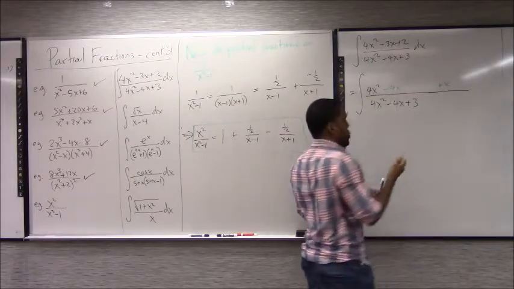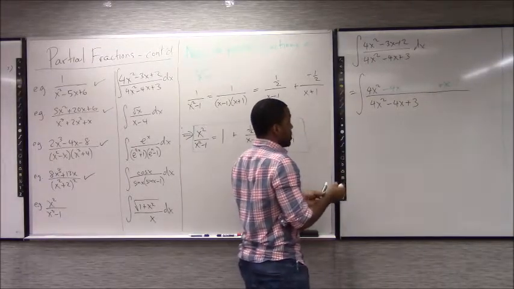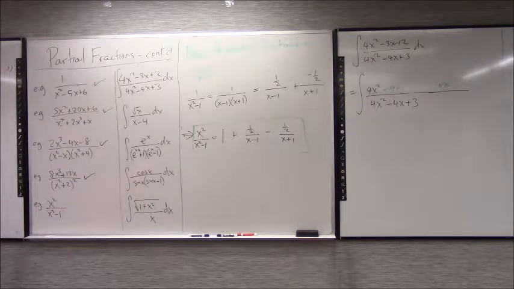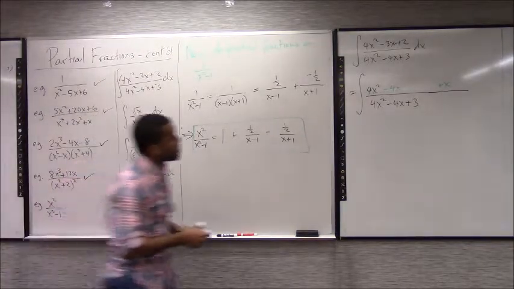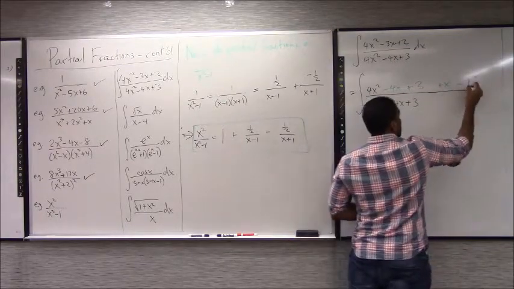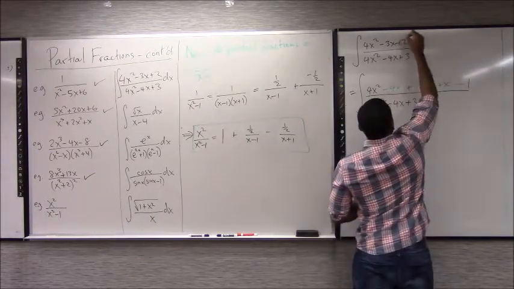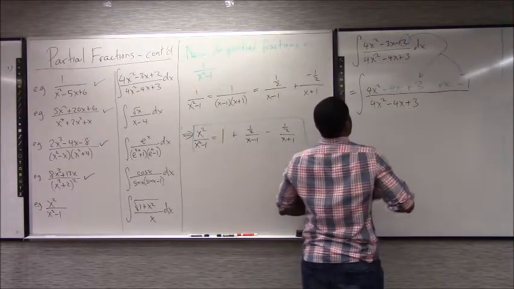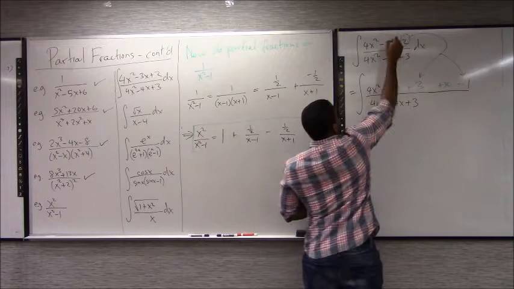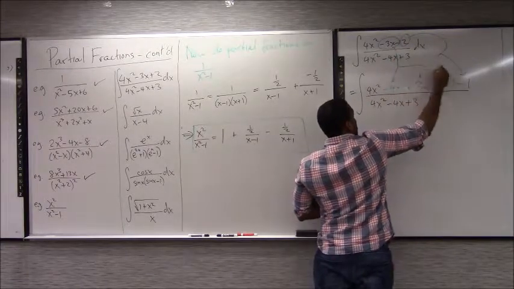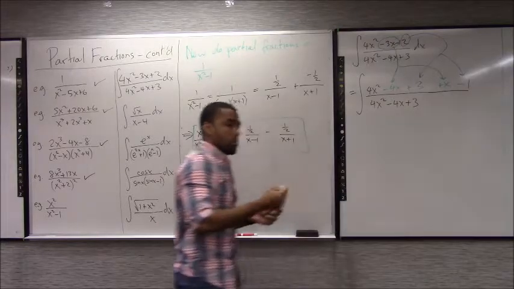The plus 2, I can write it as plus 3 and then minus 1. So my 2 I'm breaking up into plus 3 and minus 1, and my minus 3x I'm breaking up into minus 4 and plus x.